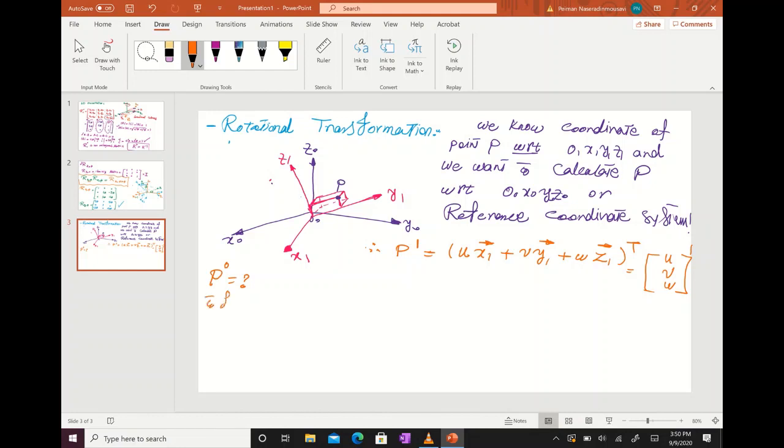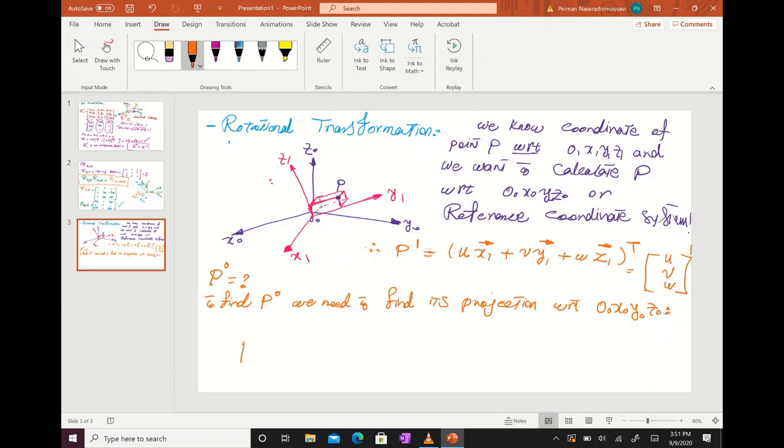To find P naught, we need to find its projection with respect to O naught, X naught, Y naught, and Z naught.